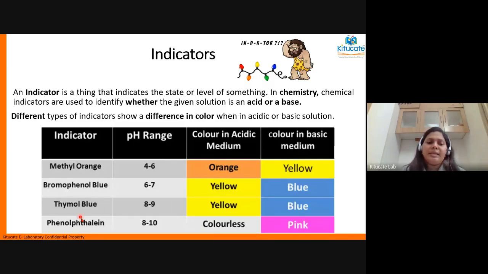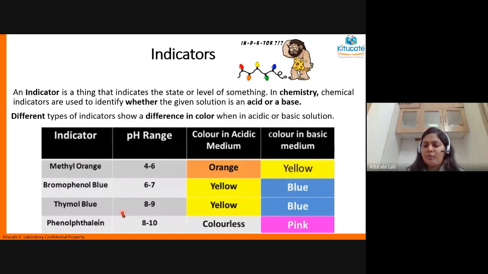Same way, phenolphthalein is a transparent liquid. It looks just like water. When you put it in acid, it will show no color. It will still remain colorless. But the moment you put it in base, it will become pink. It will show that the given solution is a base.